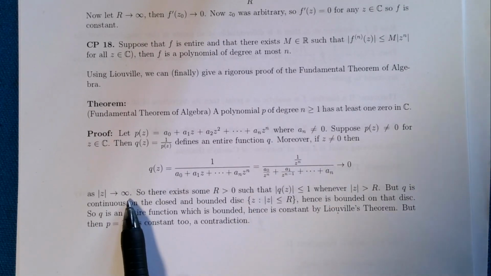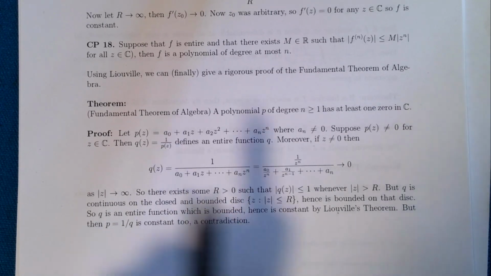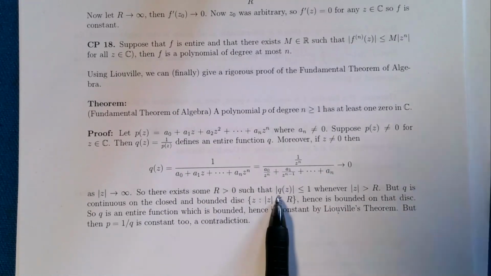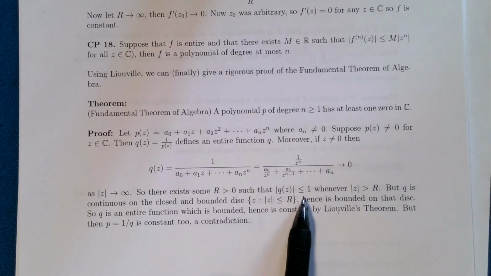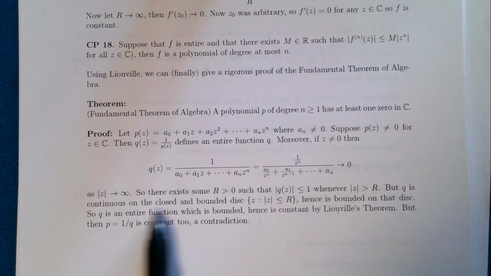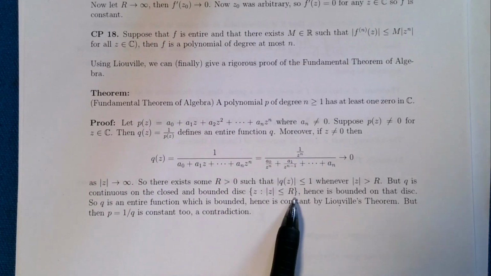So that means there is some radius R such that eventually, if this is going to 0, then mod q(z) is less than or equal to 1 whenever mod z is bigger than R. But this q is continuous on the closed and bounded disk centered at the origin of radius R, and hence that means it's bounded on that disk.